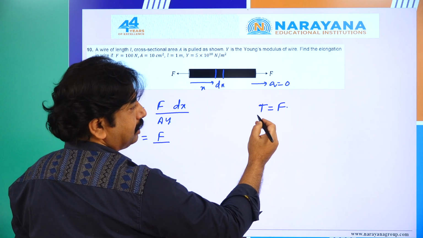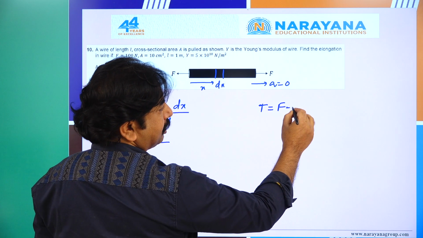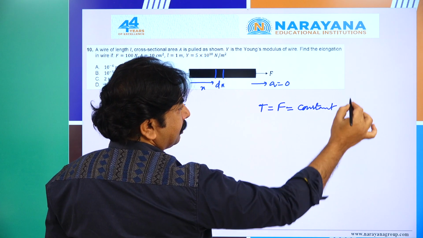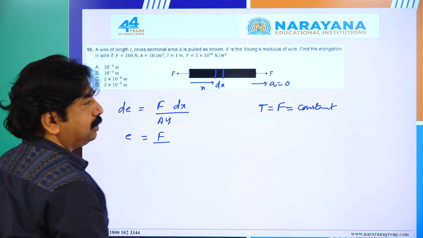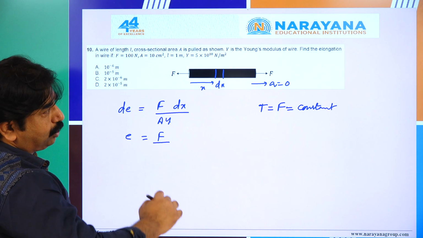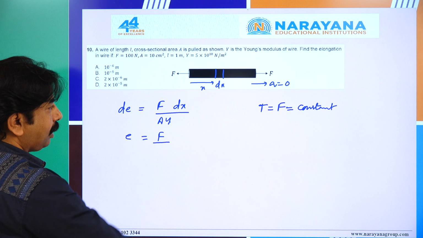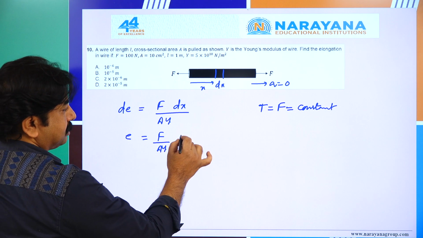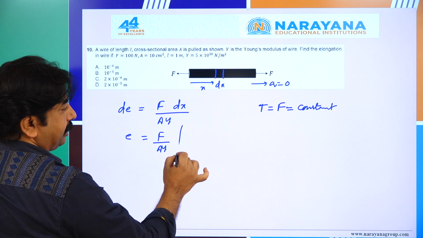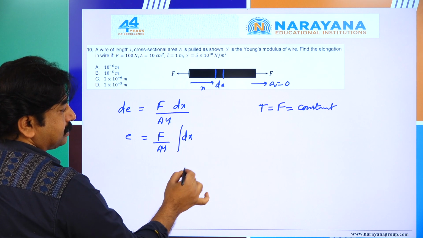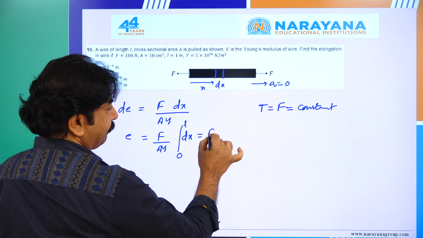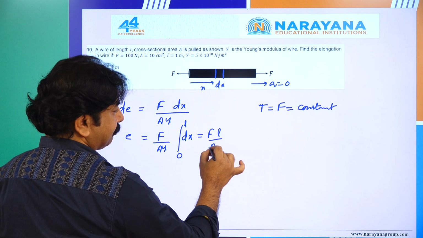Tension at every point, T is equal to F, is the constant throughout the rod. As F is constant, A is constant, and Y is constant, we can take only the integration of dx from 0 to L. So that should be equal to F into L by AY.